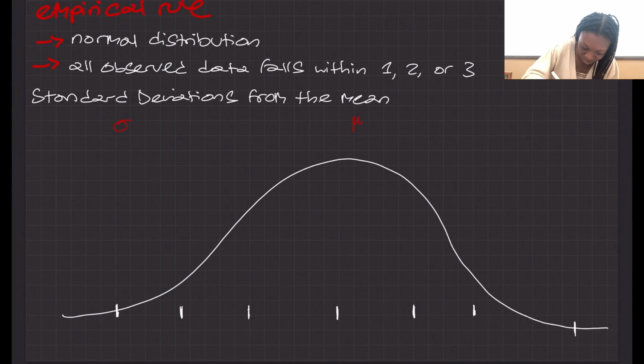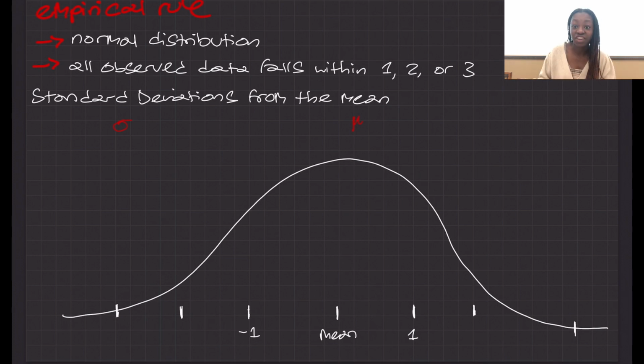So in the center is the mean. Then we have 1 standard deviation from the mean and -1 standard deviation from the mean. So to get to 1 standard deviation, you add standard deviation to the mean. And then to get to -1, you subtract standard deviation from the mean, right?